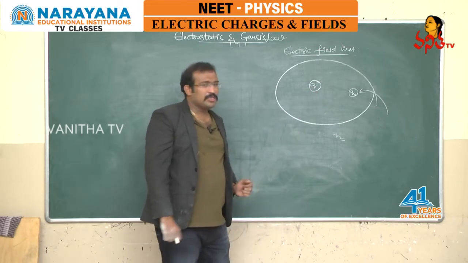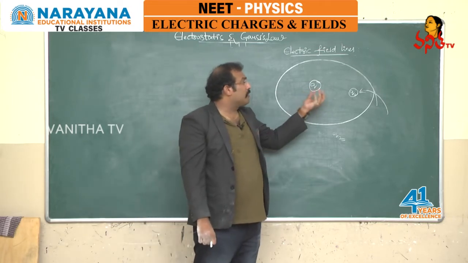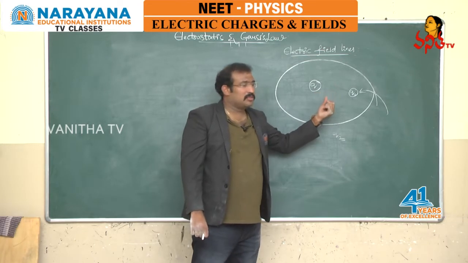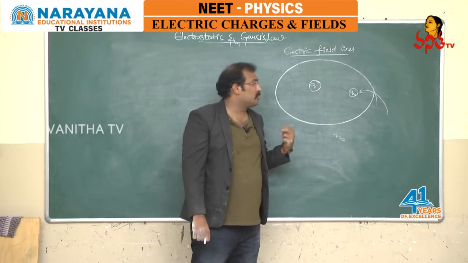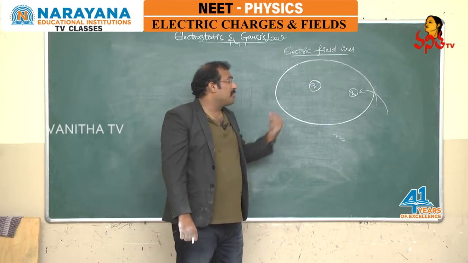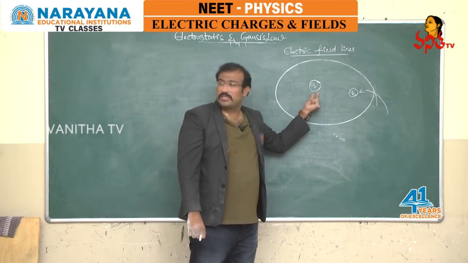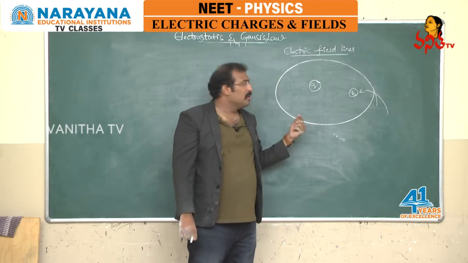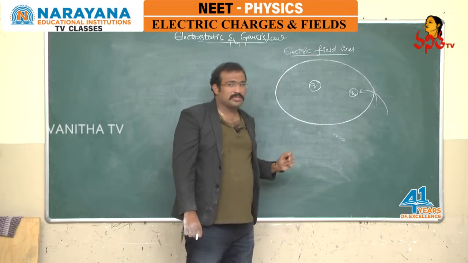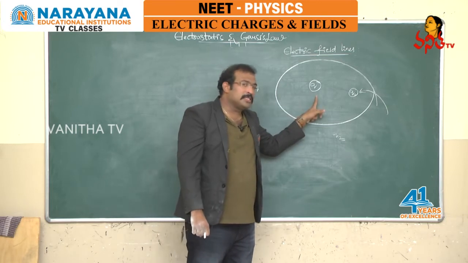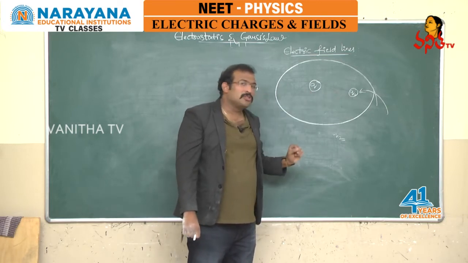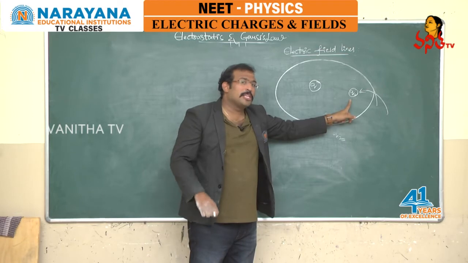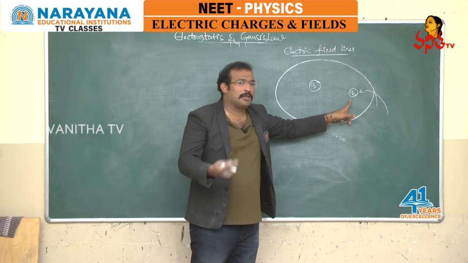So once again I repeat. The force between two charges is a two-step process. One, first a source charge produces the field around it. This field contains field lines. When these field lines fall upon the test charge, this test charge will experience the force of attraction or repulsion.